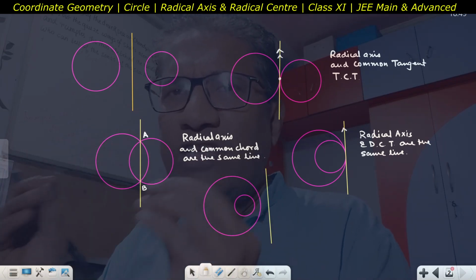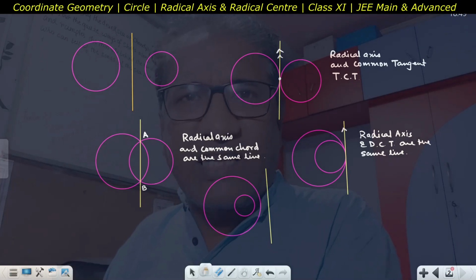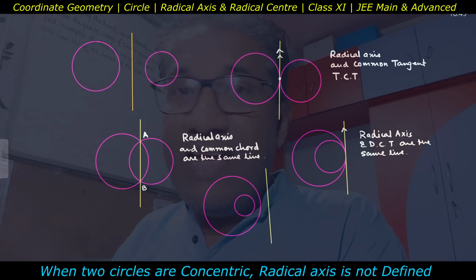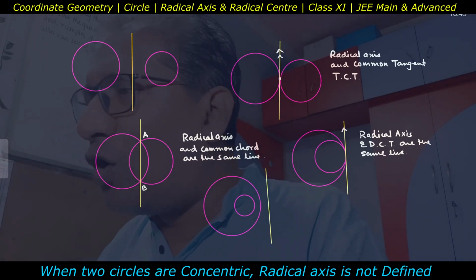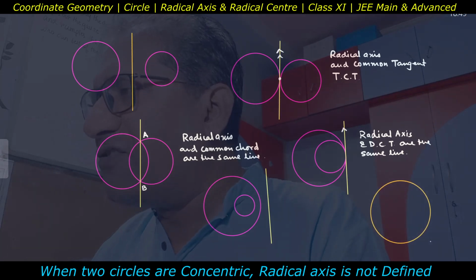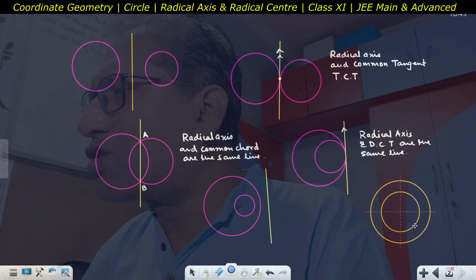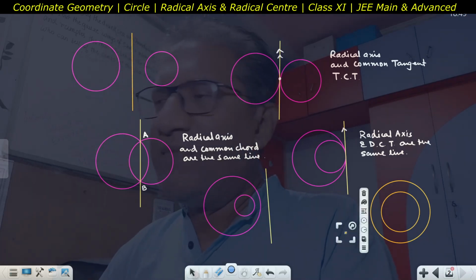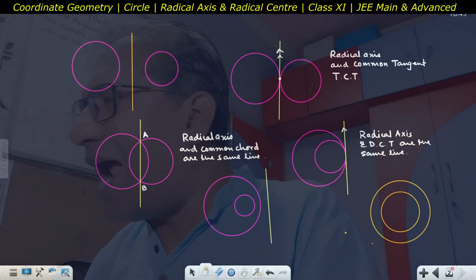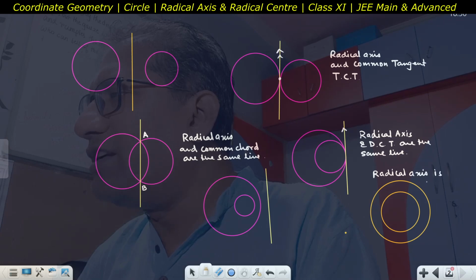Irrespective of the position of the circles, you can draw a radical axis, except this condition. What is that? If two circles are concentric, in that case, the radical axis is not defined. If suppose this is one circle and this is another circle which is concentric to this circle, in this case, radical axis is not defined.